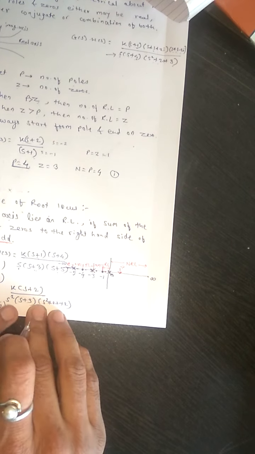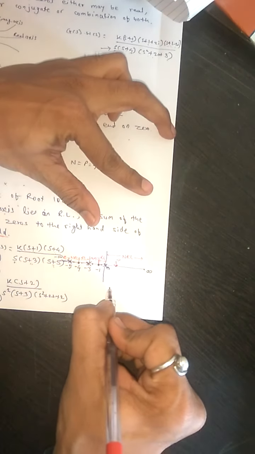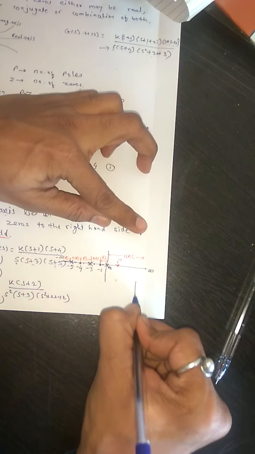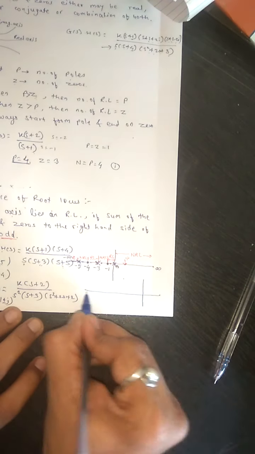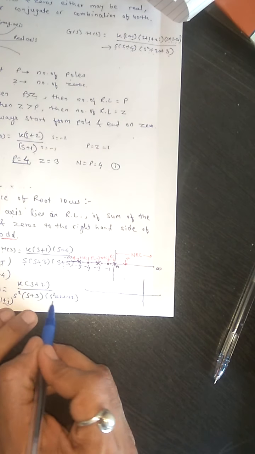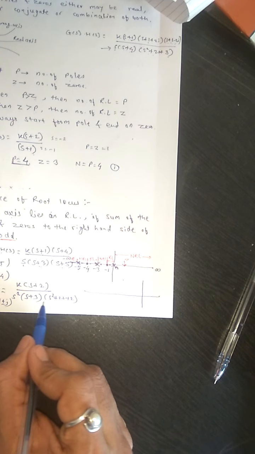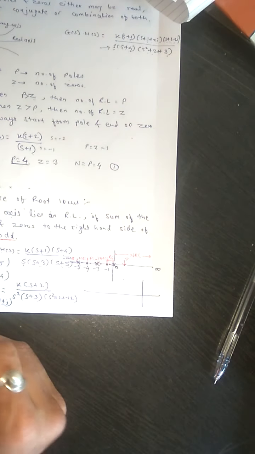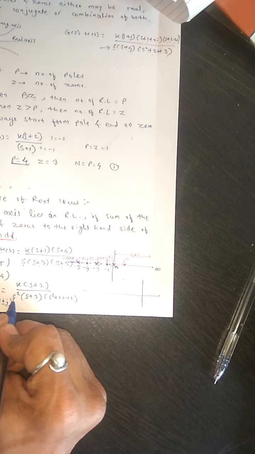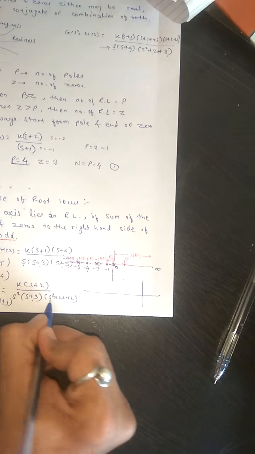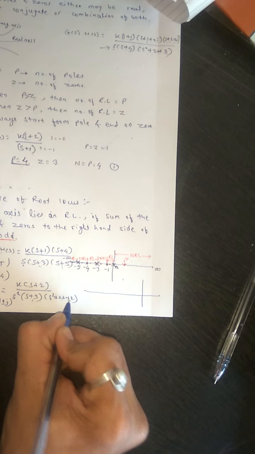We have one more example to check existence of root locus. Okay, so again we'll start. Suppose this is your S plane, real axis, imaginary axis. I'm plotting all my poles and zeros on this graph. So we have poles here: S square, S plus 3, S square plus 2S plus 2, and the zero is S plus 2.